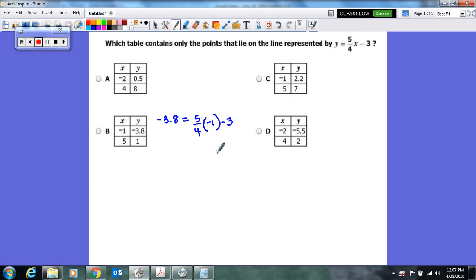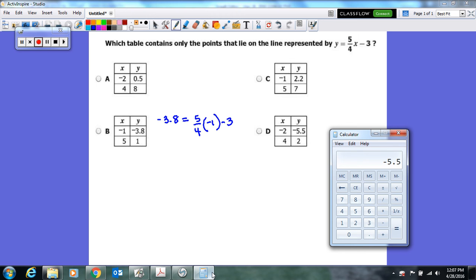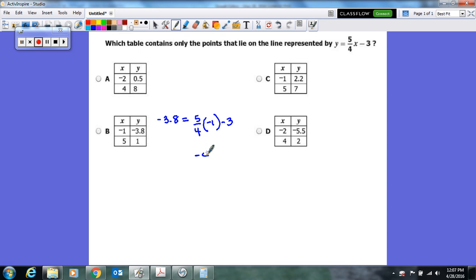So break out the calculator again. 5 divided by 4 times a -1, and then minus 3 gives me -4.25 when I plug in this first ordered pair. And you know what? -3.8 does not equal -4.25, so I know this table doesn't work. So we can cross out the first two tables.